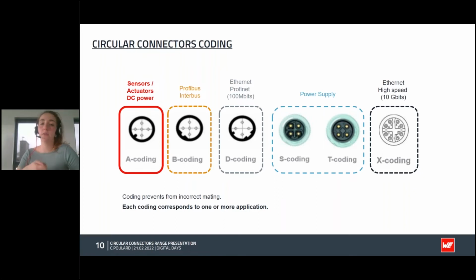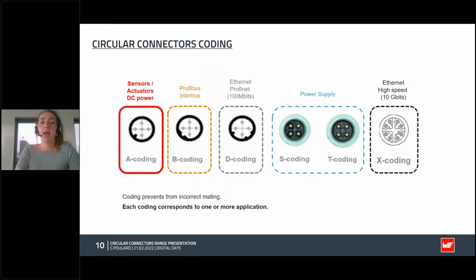Since they're circular, you could plug them in any direction if there wasn't any coding. So it's helpful to have one in order to plug pin 1 with pin 1. But this is not the only thing coding is made for, because each coding corresponds to one or more applications. The codings that you can find the most on the market are coding A, B, and D. They're the oldest ones.